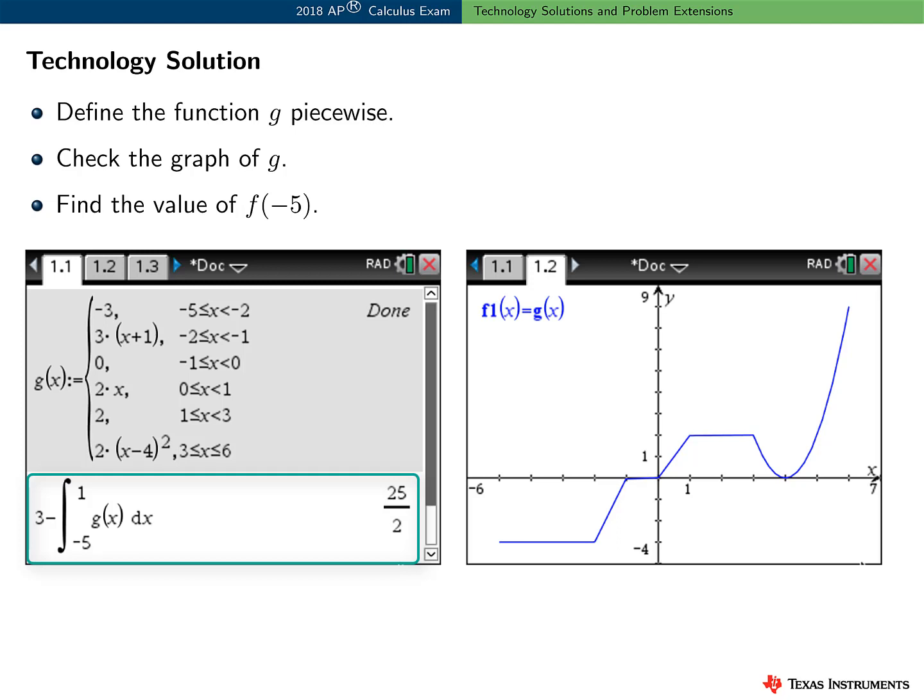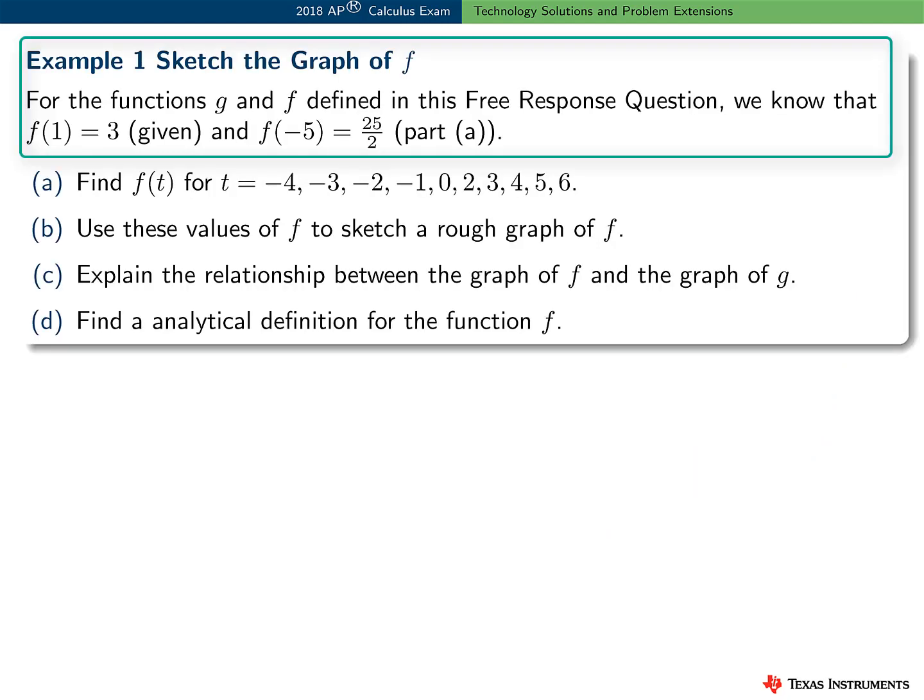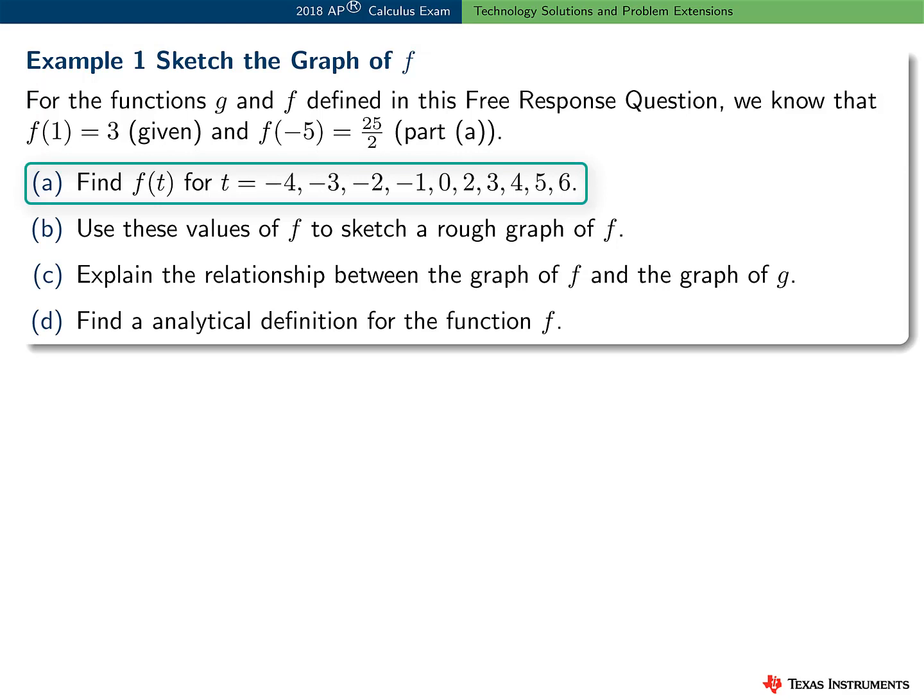Here's a nice extension to this problem. Let's work with the same function g, its graph, and again assume that g is the derivative of f. Now, we already know two values of the function f. However, in part A, find all these additional values of f.